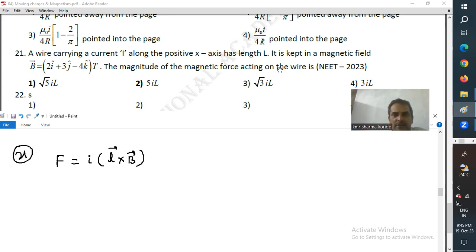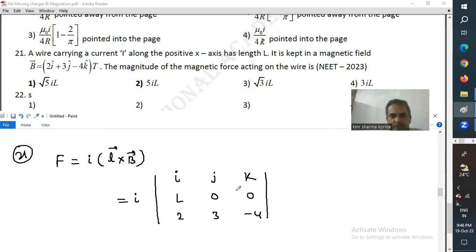Yeah, so let us have the result. This length is along x-axis. So therefore, there is a cross product here. I, J, K. So length is along x-axis, this is L, 0, 0. Next, coming to B, whereas B is 2, then 3, minus 4. Yeah, you just continue to have I here. Then, so forget about this column and this row.